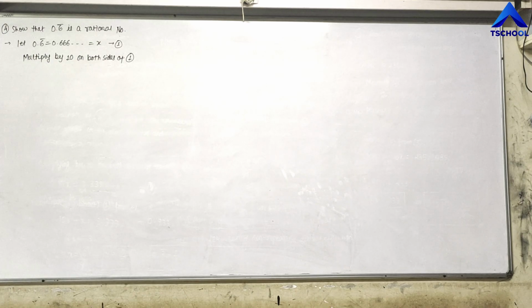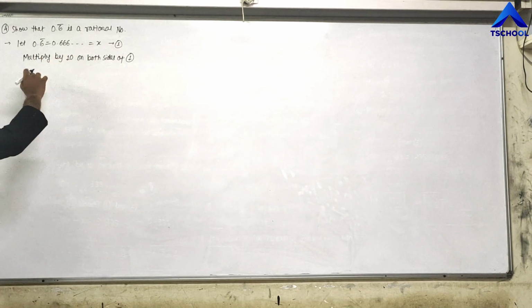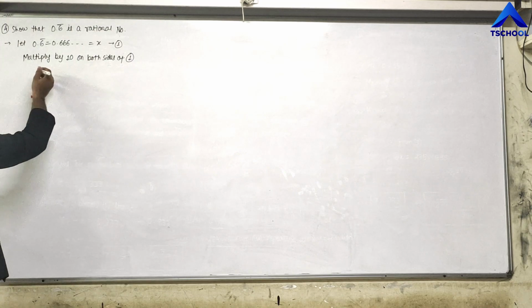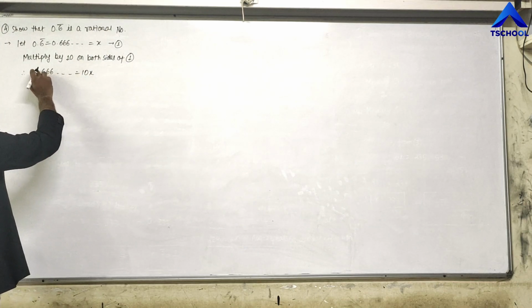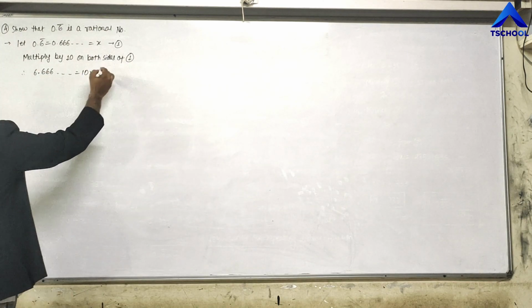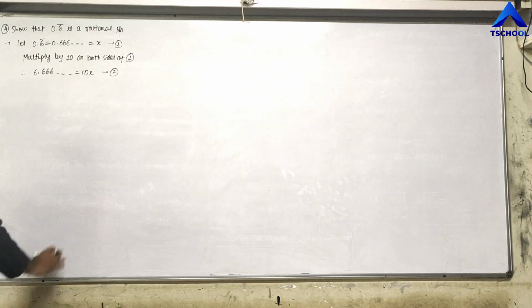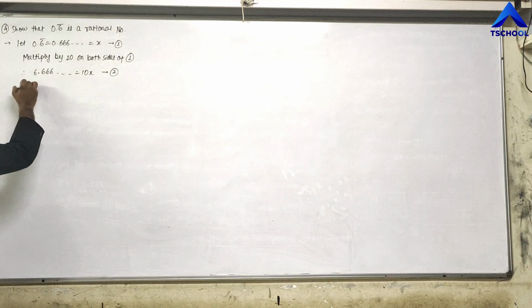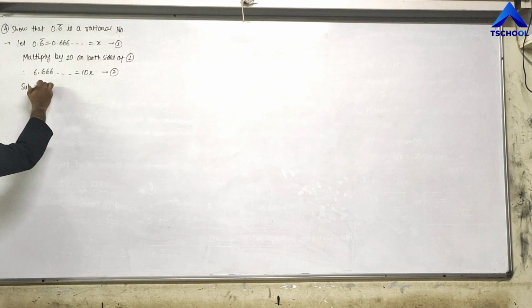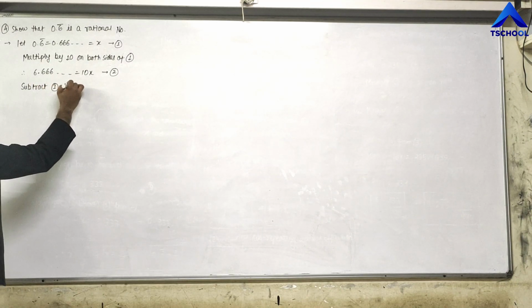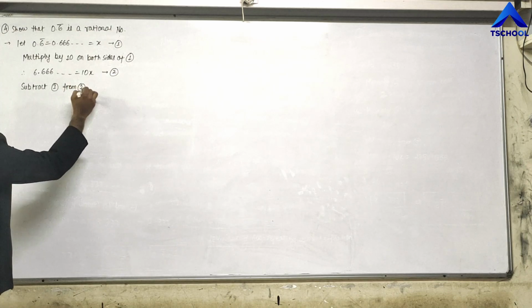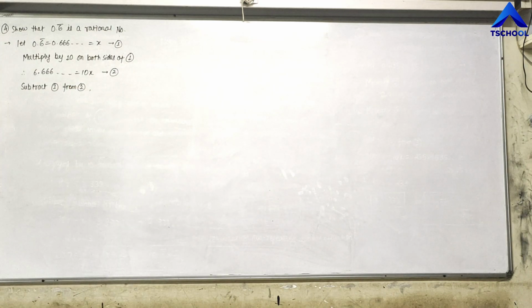Therefore, we shall get 6.666... equals 10x. Right, this is my equation number 2. Subtract equation number 1 from equation number 2.